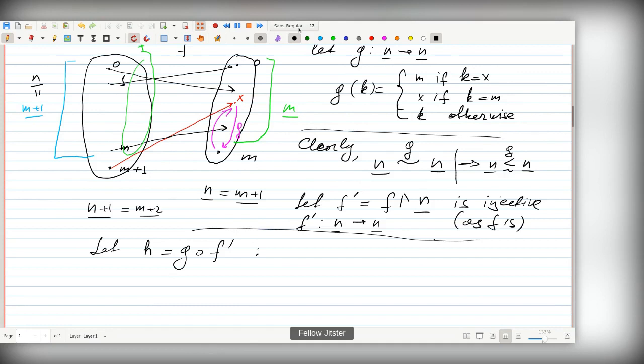So here we have a composition of two functions from n underlined to n underlined. Or in other words, it is a function from m plus 1 to m plus 1. And this function is injective. As a composition of two injections, this function is necessarily injective.